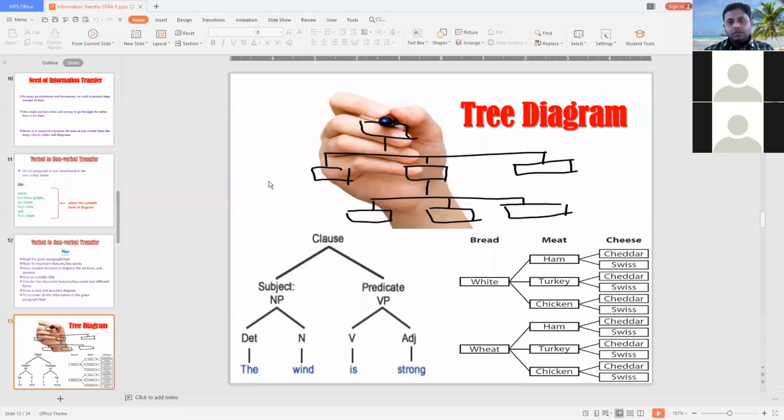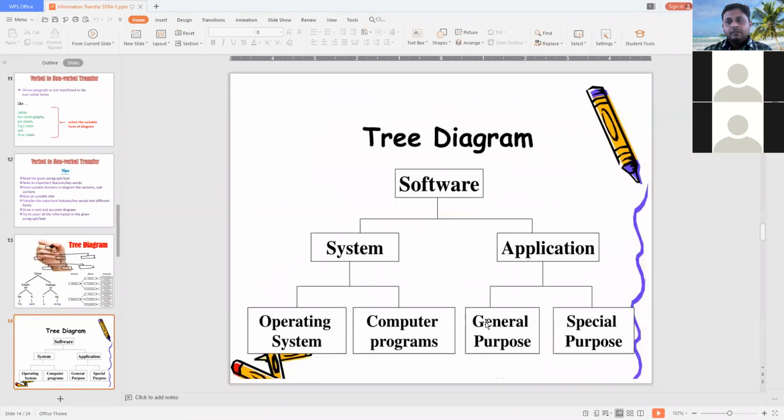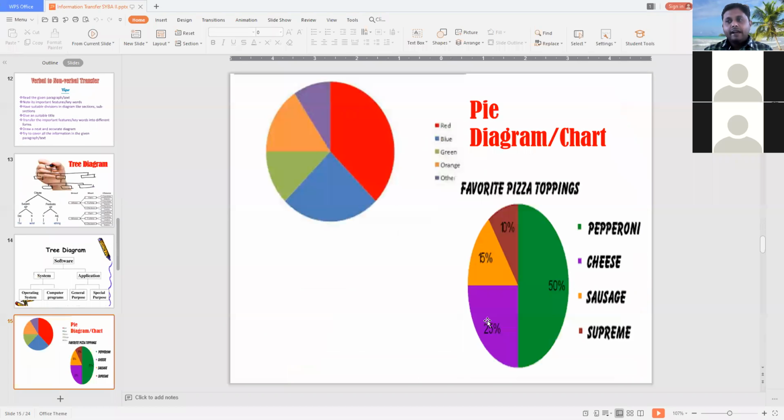Which are the most used techniques of changing verbal to non-verbal transfer of information? The first is the tree diagram, where information is presented in the form of a tree. This is a sample of a tree diagram. Then comes the pie diagram or pie chart.